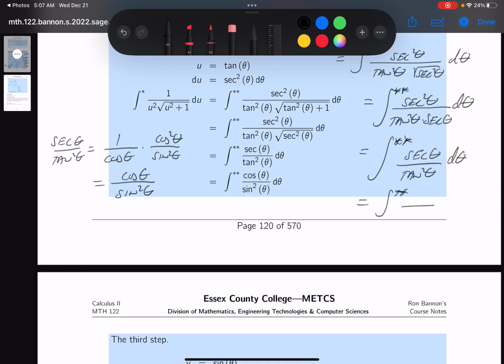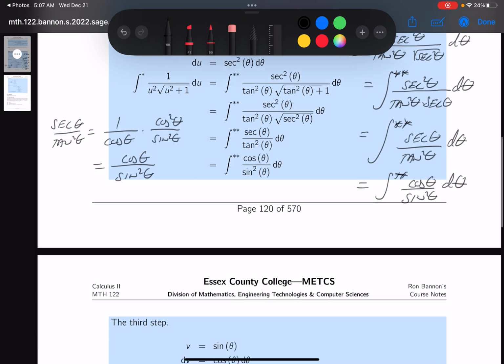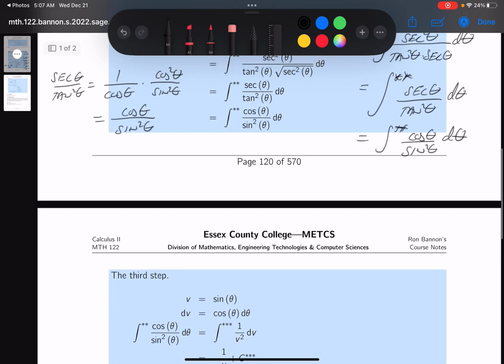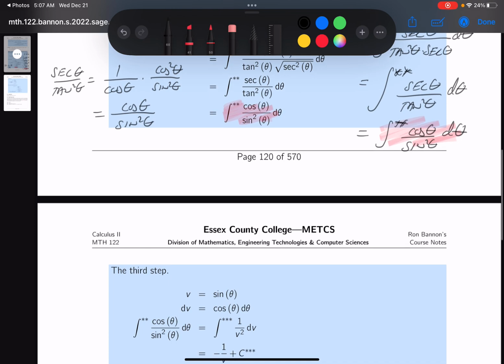I'm really at the end of this simplification here. Let's see if we met that milestone. That's right over here. I'm on to my third substitution now. Some people can recognize this.